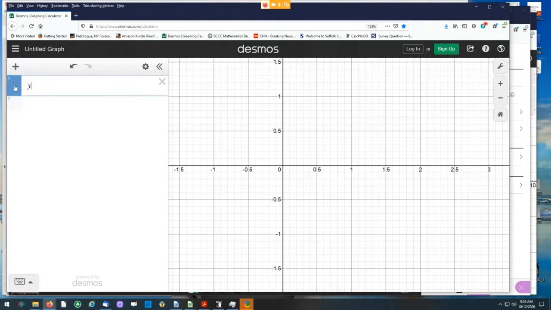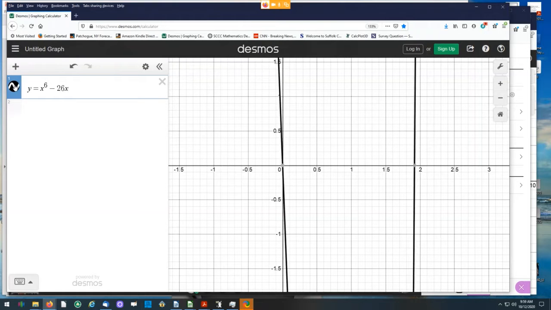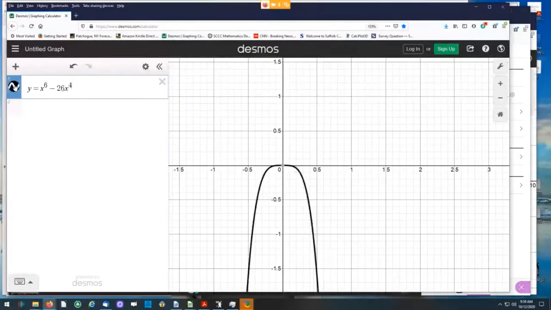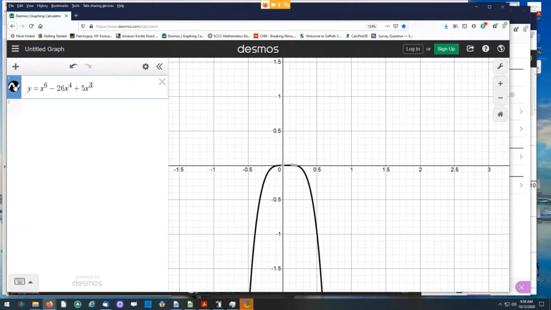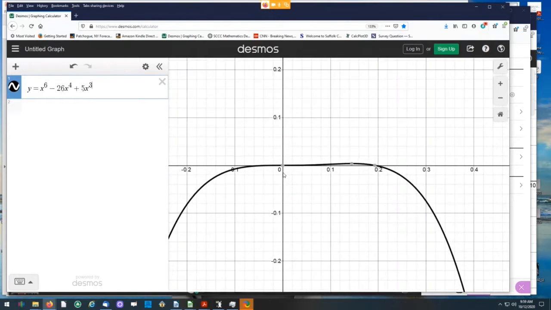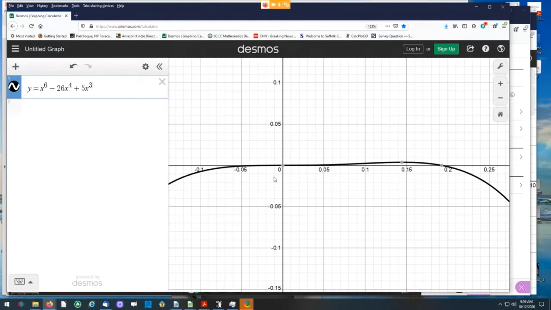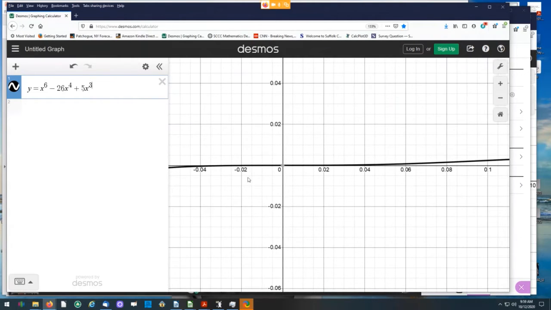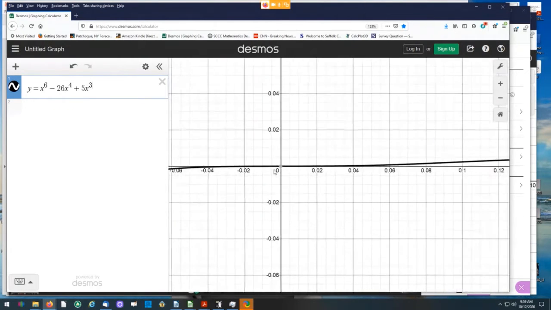So I'm going to put the entire thing in. y equal to x to the 6 minus 26x to the 4th plus 5x cubed. Now, let's zoom in over here, and you can see exactly what is happening. This crosses, but you see it doesn't cross straight through. So when it doesn't cross straight through, it's a higher degree. At 0 over here, it does. Let me expand that.